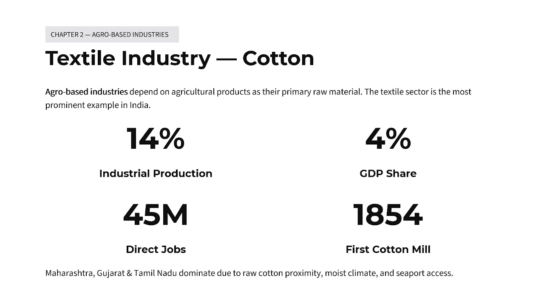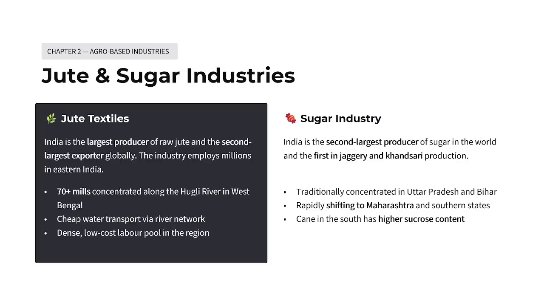How many people get jobs through the textile industry? 45 million. What is the GDP share? 4%. These are the realistic numbers. You have to remember them. When I'm teaching, you have to make notes. That will be good. Then we'll go to the next slide.